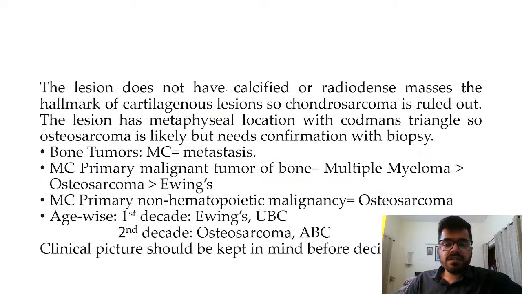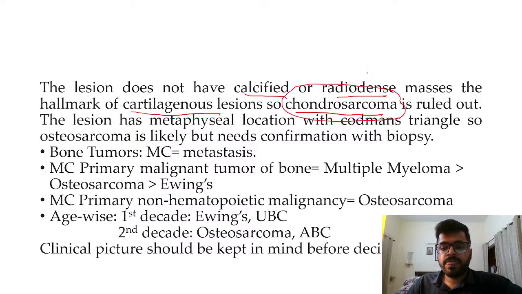The lesion does not have a calcified or radiodense mass, which is the hallmark of cartilaginous lesions such as chondrosarcoma, as we see chicken wire calcifications and punctate calcifications in cartilaginous tumors such as chondrosarcoma.